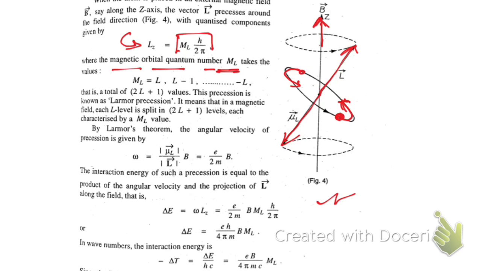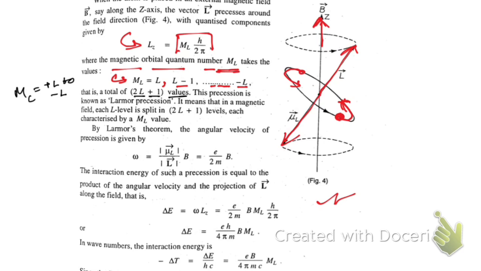This is called magnetic orbital quantum number, and the values of ml are given by L, L minus 1, dot dot dot, minus L, right? That means ml takes values from plus L to minus L, okay? And that is a total of 2L plus 1 values.